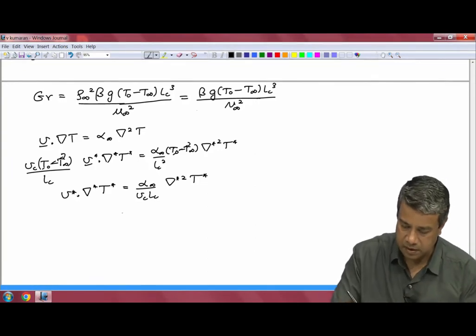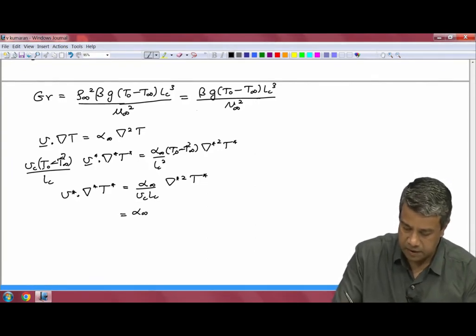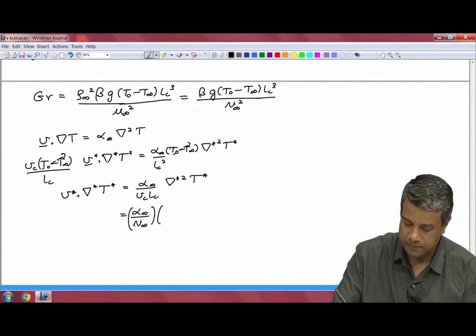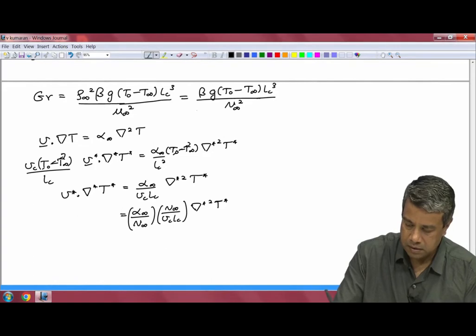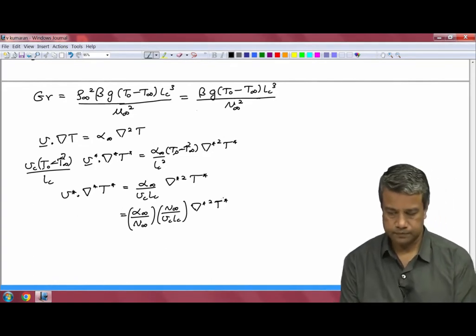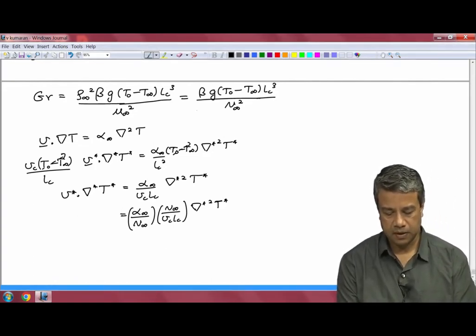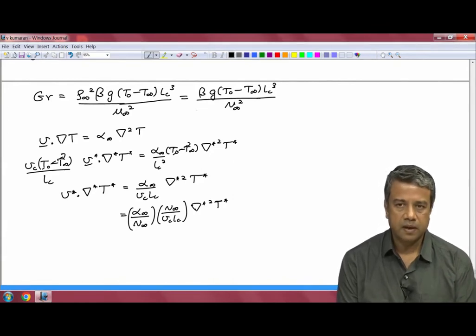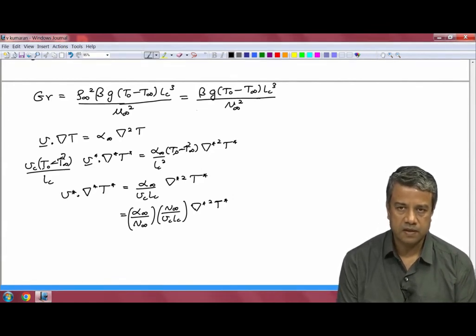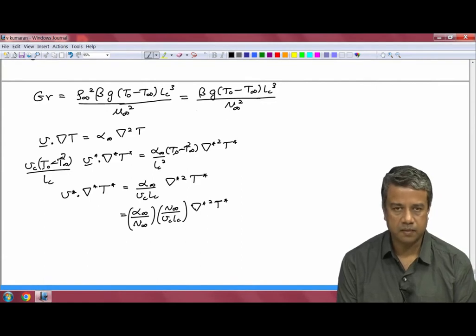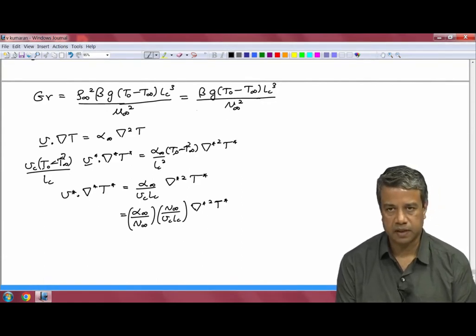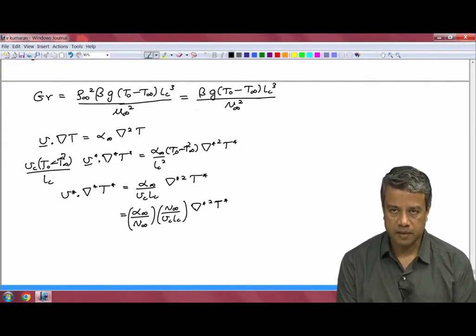This can also be written as alpha infinity by nu infinity, nu infinity by Vc Lc. Alpha infinity by nu infinity, the ratio of thermal diffusivity and momentum diffusivity, is the inverse of the Prandtl number.